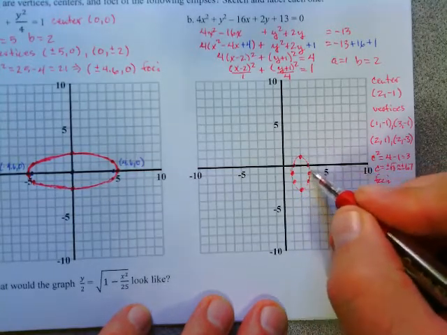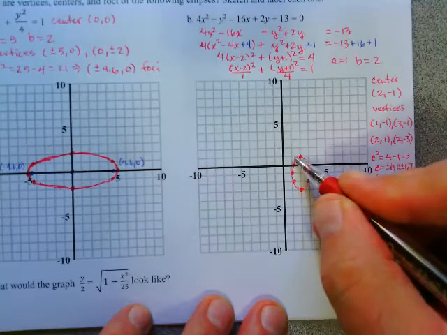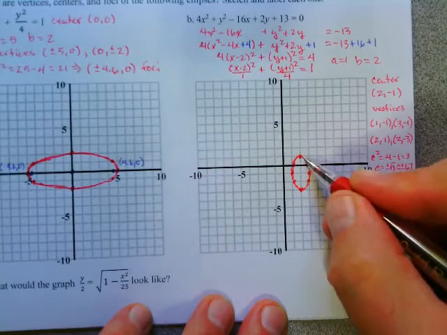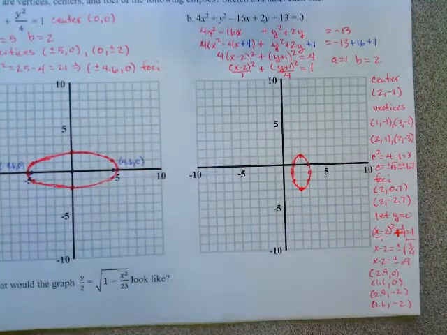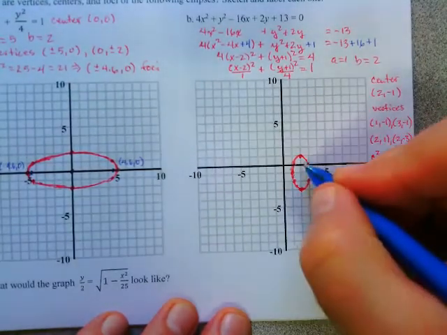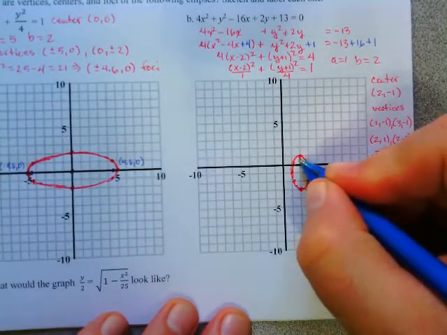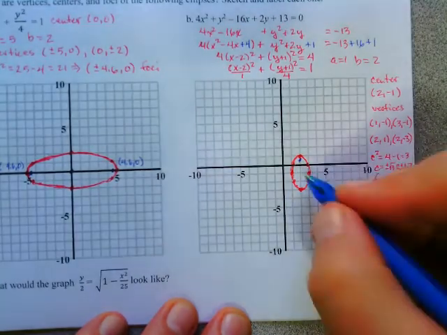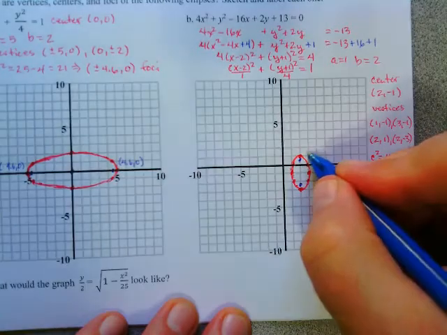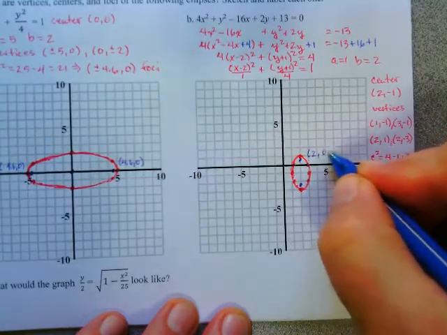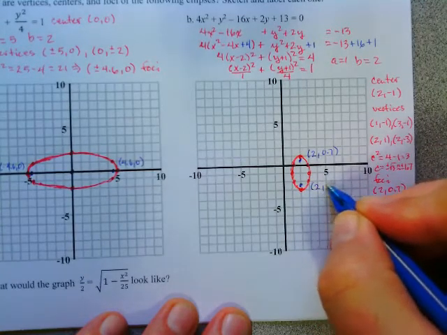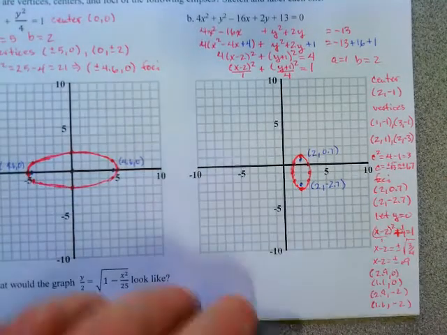Please make sure you round them off, not make sharp points of these things. Okay, and then the foci, 2.7, so it's about right there, and negative 2.7, so about right there. And so again, that one's at (2, 0.7), and that one is at (2, negative 2.7) for our 2 foci.